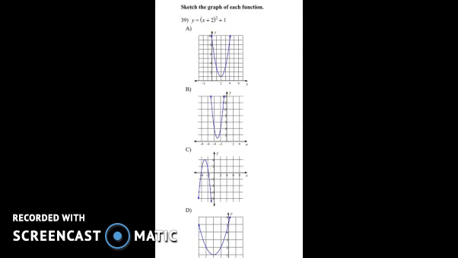So for our last two questions, we have to sketch the graph of the function. And we have a couple of parabolas we need to identify. Question 39 is a parabola that's in vertex form. We can identify the vertex by taking the opposite of the value inside the parentheses here, the minus 2, and we are left with a plus 1. This is the vertex.